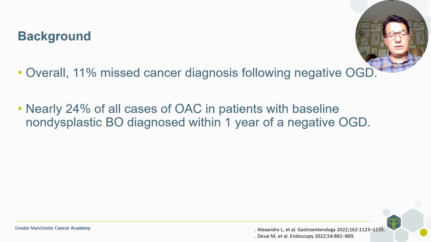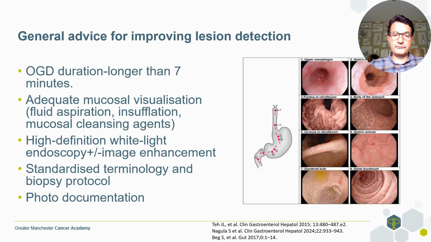And nearly 24% of all cases of esophageal adenocarcinomas occur in patients with baseline non-dysplastic Barrett's esophagus diagnosed within 1 year of a negative OGD. And clearly that indicates suboptimal upper GI endoscopy performance, and how to improve our performance.